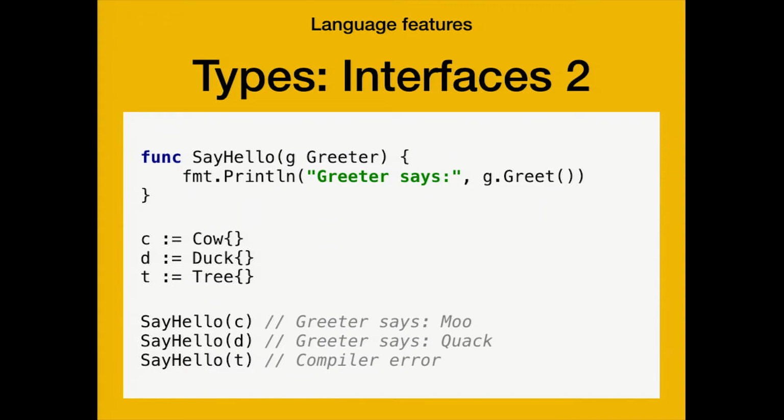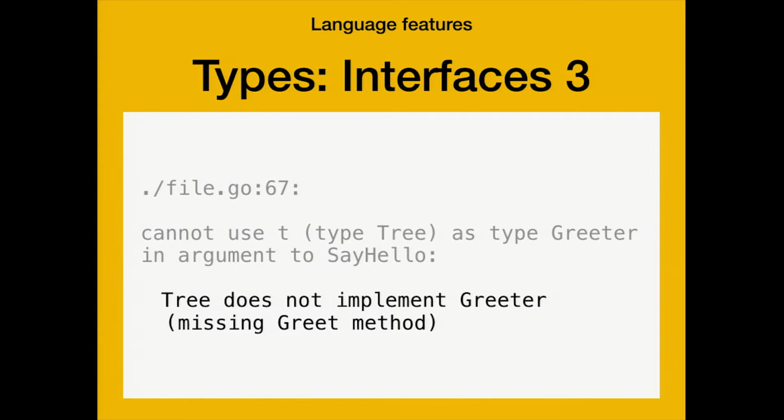In PHP, this will be different. It maybe also gives a compiler error, I'm not actually quite sure, but you only find out when you run the application, not in the build stage. The error messages that you get are pretty helpful as well. It literally says it's not a greeter, it's missing the greet method. I think that's quite elaborate.